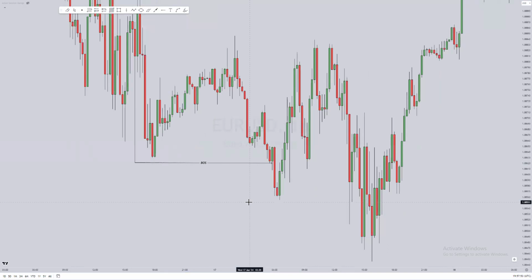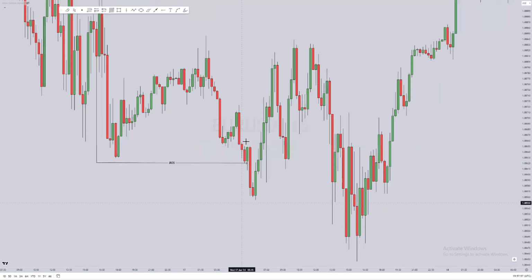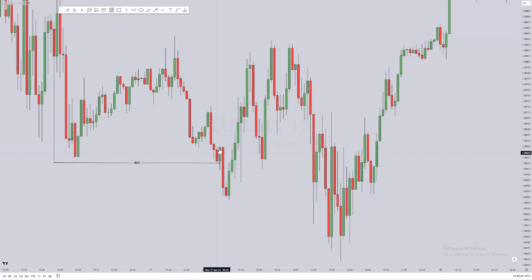Now remember what I said. Coming to the part of pullbacks, which is what we refer to as inducement. Looking at this bearish leg right here, where can we say that we have an inducement? Remember what I said yesterday, in the class where I showed you how to identify pullbacks.